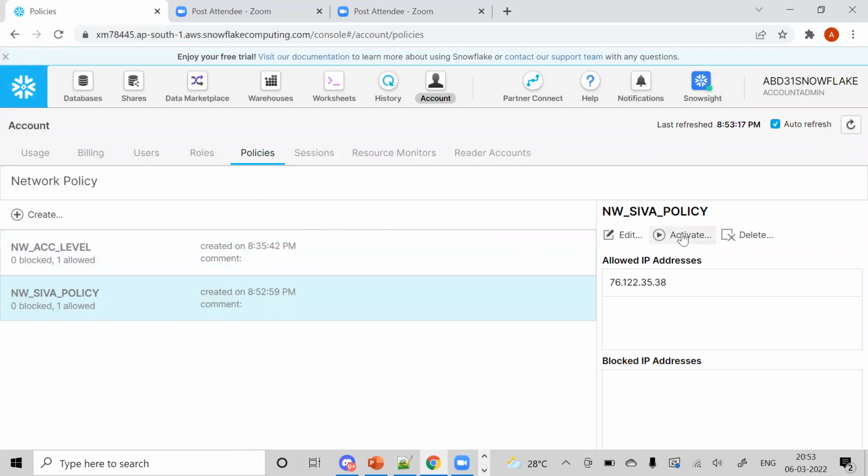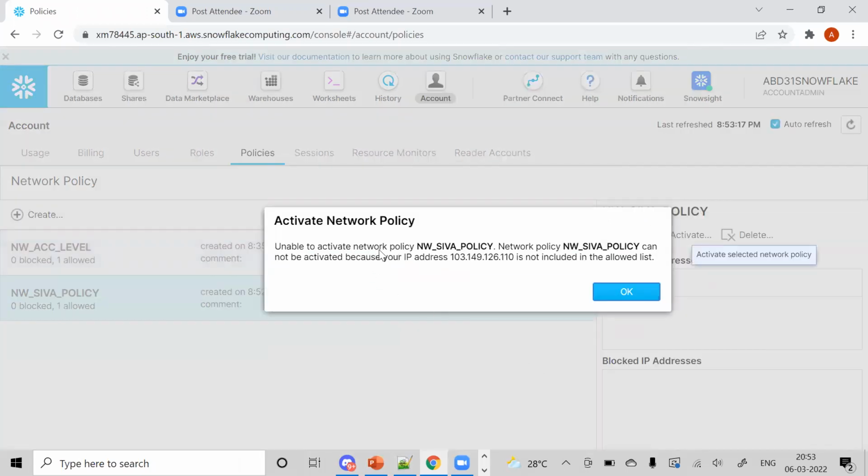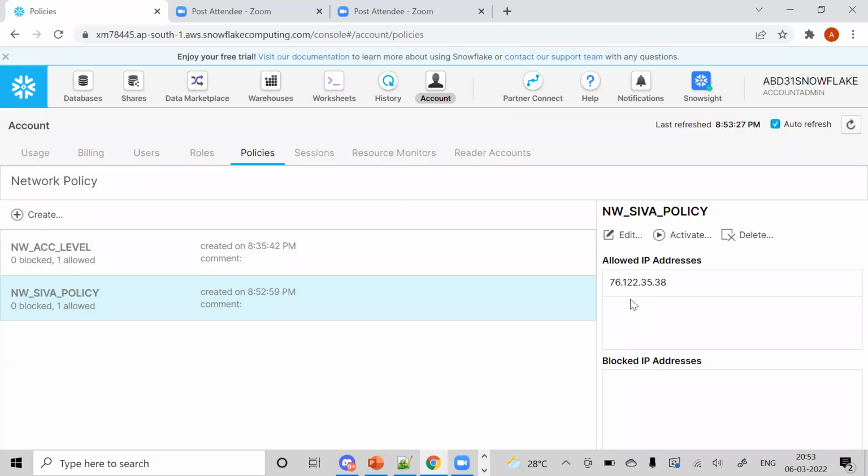So let's try to activate this. Unable to activate policy. This policy cannot be activated because my IP address is not included. Okay, I need to give my own IP address also.